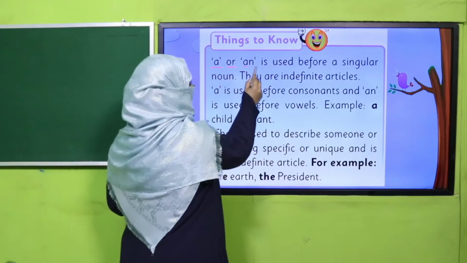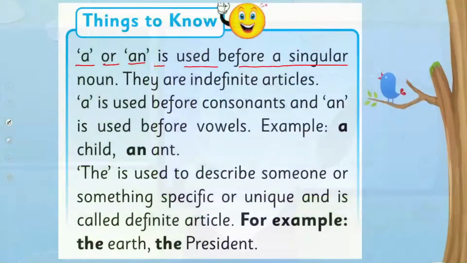A or an is used before a singular noun, right? We have studied singular nouns in grade 2. Remember, what is a singular noun? It refers to one person, one place, or one thing. So when we want to say one person, we can use a or an with that. They are indefinite articles.